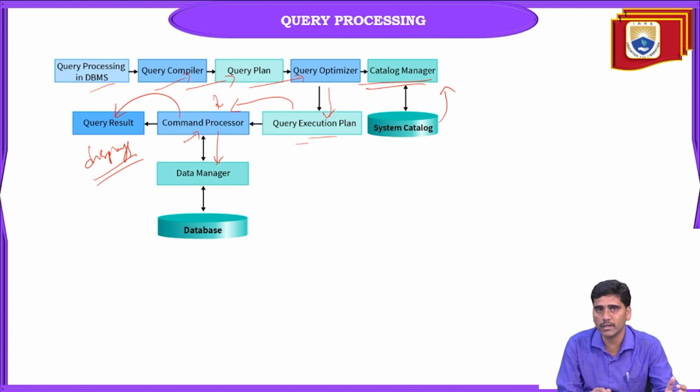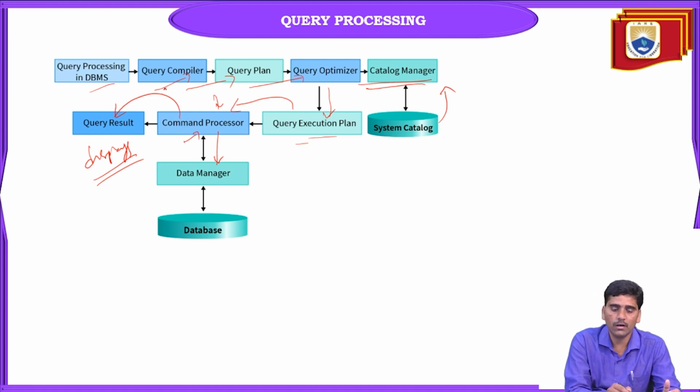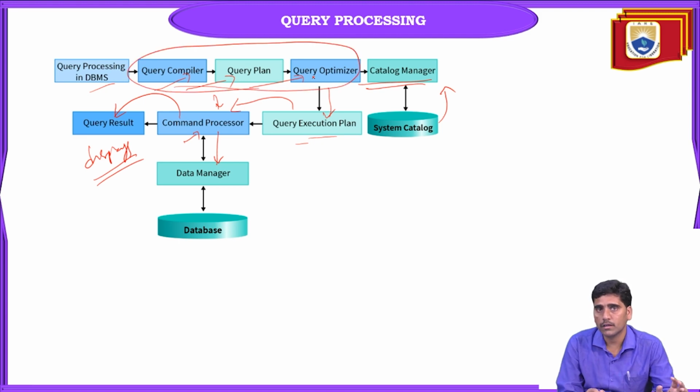So what are the phases that take place here? This is all about the compilation phases. Before execution, the query should be processed, optimized and validated. Only after it is processed, optimized and validated does it go on to execute the query.